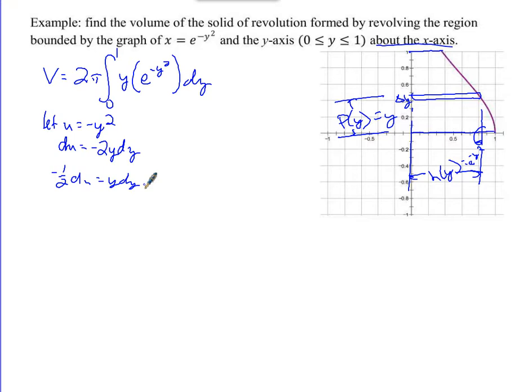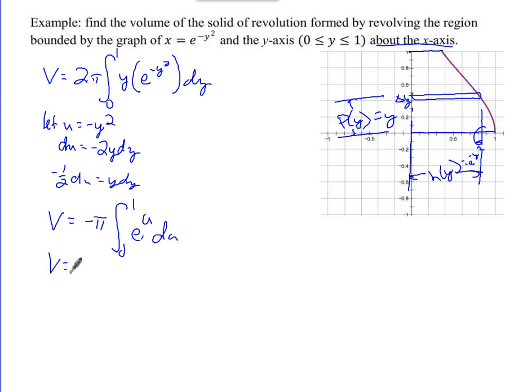So what do we have then? Two pi times negative 1/2, so it's just negative pi, that's right. Integral from 0 to 1 still. E to the u, is that what you're mumbling to me? E to the u du.